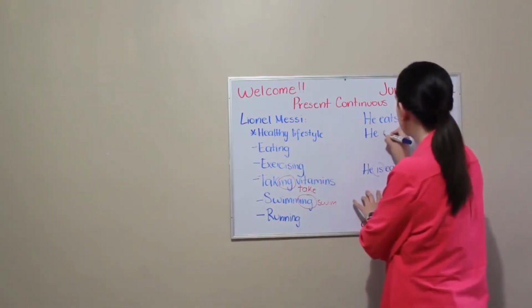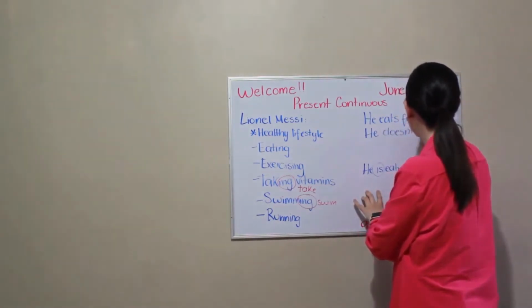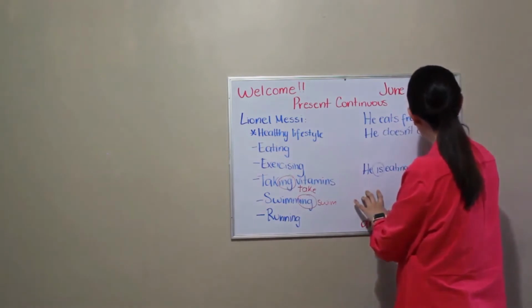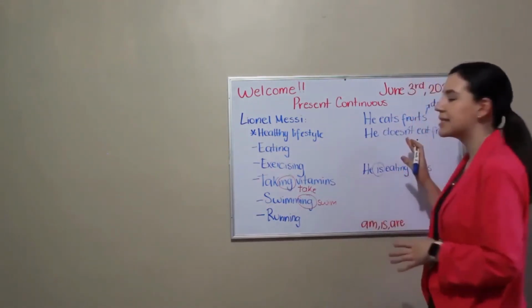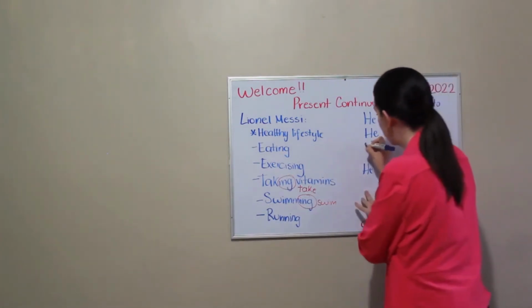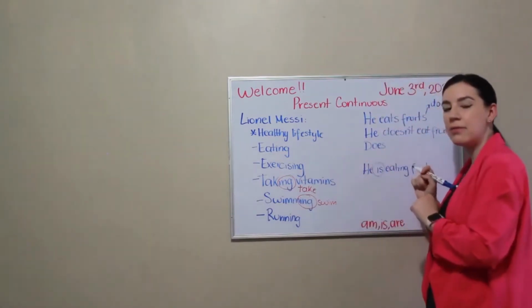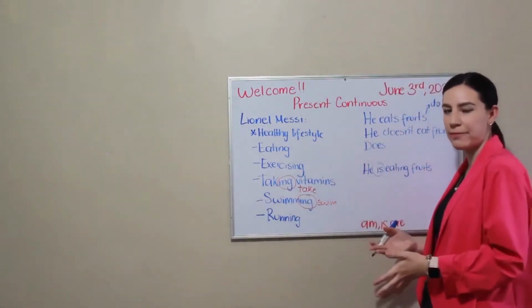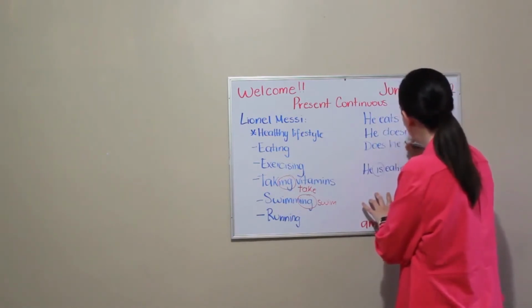Let's see. He doesn't, or he does not eat fruits. And in question form, we're going to be asking using the same verb. Does he? Remember that every time we ask a question, we place the verb in its affirmative way, not negative. Does he eat fruit?